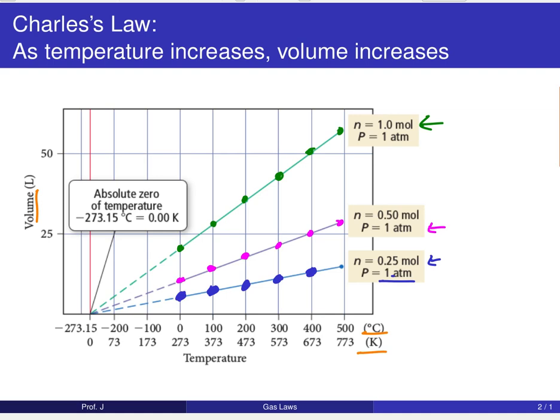And so just as we saw in our previous discussion of Boyle's law, what we're going to do is think of what sort of mathematical function best describes this relationship that we're seeing. Now, this one's not a terribly hard one to figure out. The relationship in this case between volume and temperature is going to be a simple linear relationship. We are going to see that volume is directly proportional to the temperature.